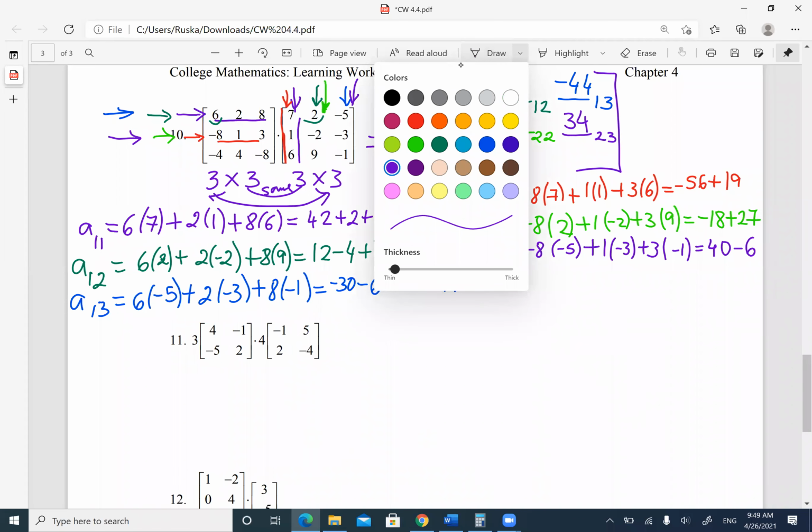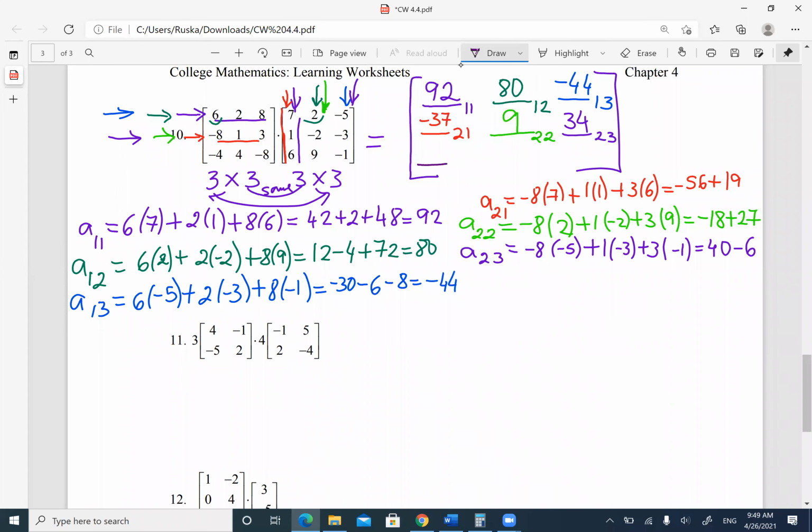Just one more row. So the last row is going to be this number here, third row and first column. So I'm going to do A, 3, and 1. So I'm doing the third row and going through the first column. So it's going to be negative 4 times 7 plus 4 times 1 plus negative 8 times 6.